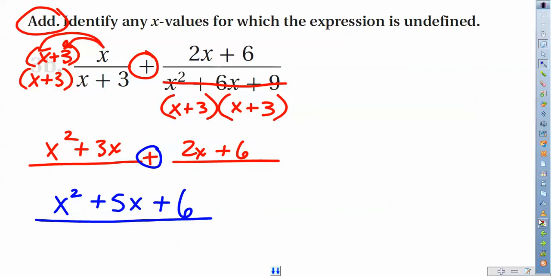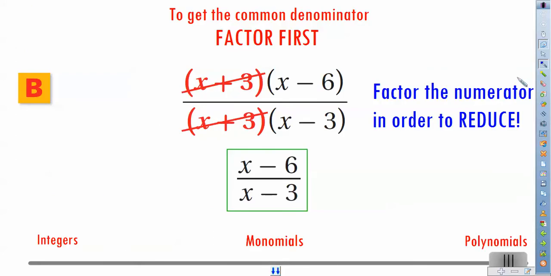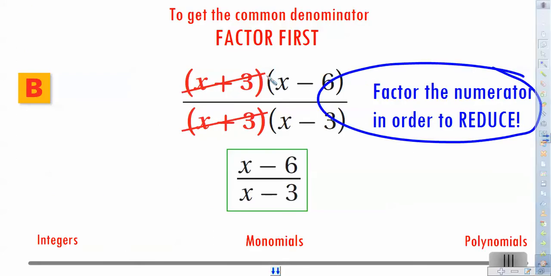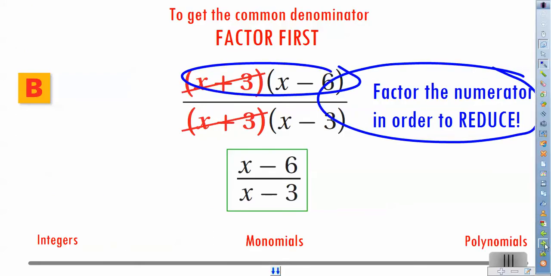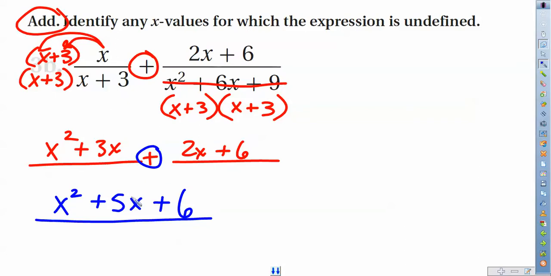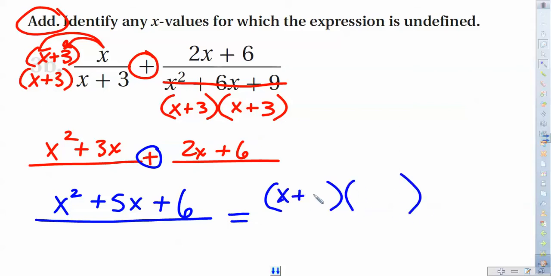But then, remember, this is going to be the time where we look to factor to reduce our fraction. So let's do that here. Can we factor x squared plus 5x plus 6? Oh yeah, we can. What would that turn into? x plus 3 and x plus 2?